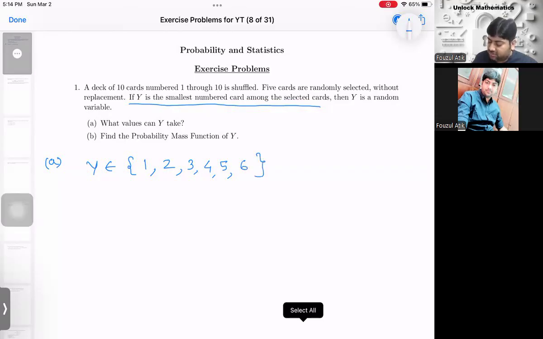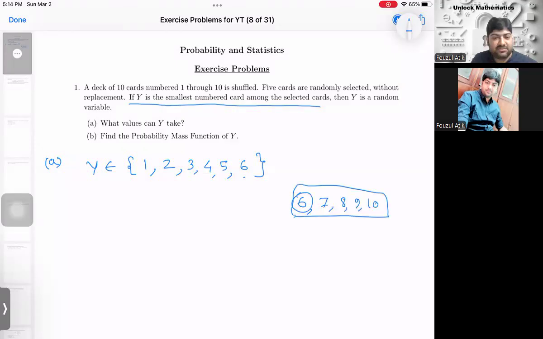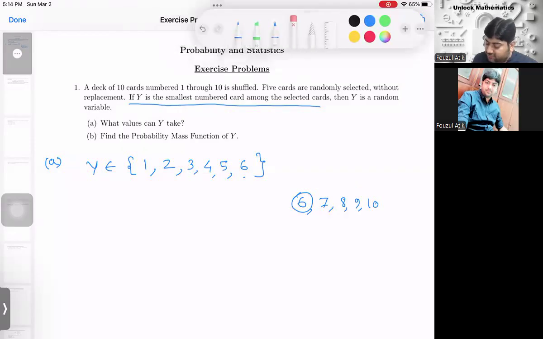The last case is that the smallest number is 6 and the other 4 numbers are 7, 8, 9, and 10. So 5 cards are still possible with 6 as the minimum number. Y will take these values. Okay, so the first part is done.